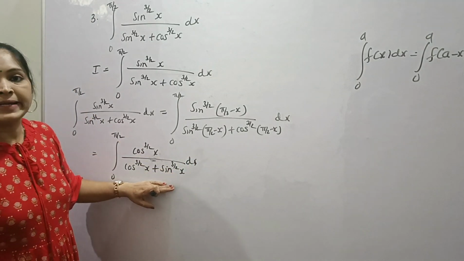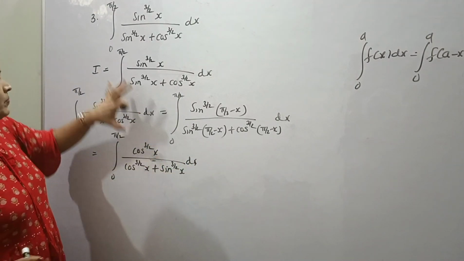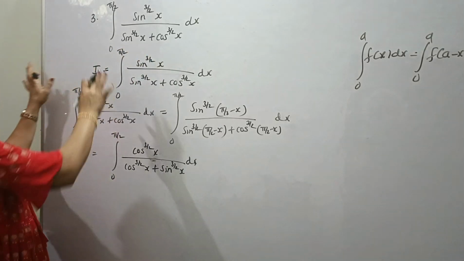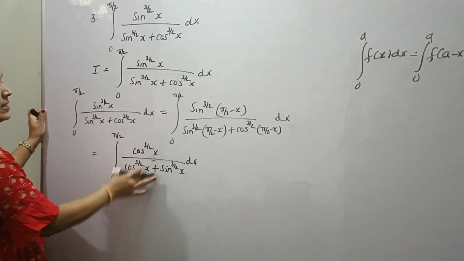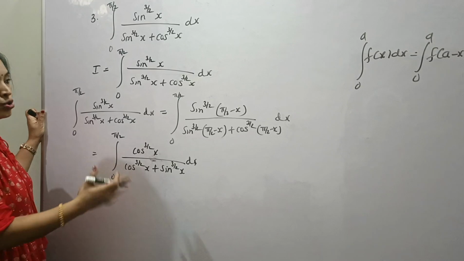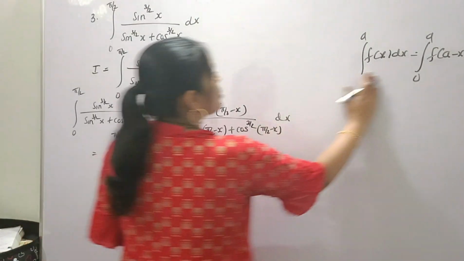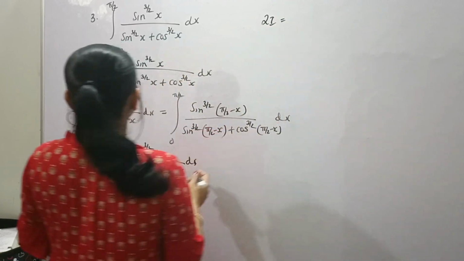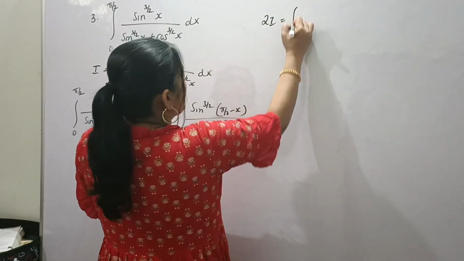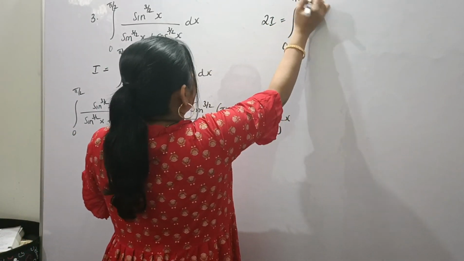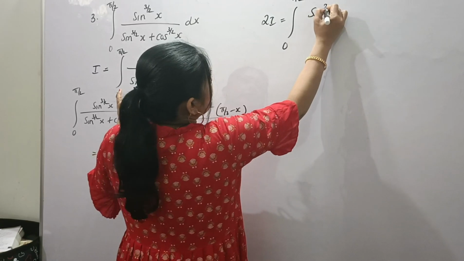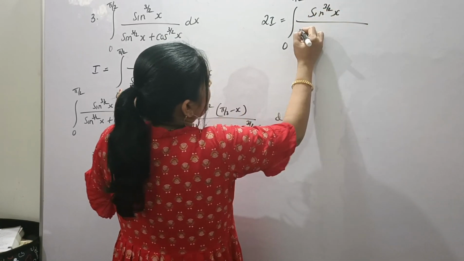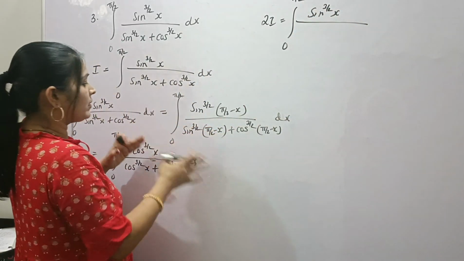So what is it? I itself, right? So we have got it from this integral, that is I. So we will add these two integrals, I plus I, 2I, right? So 2I is equal to, add these two integrals, integral 0 to pi by 2 sine raised to 3 by 2 x divided by... okay, let's add it directly.